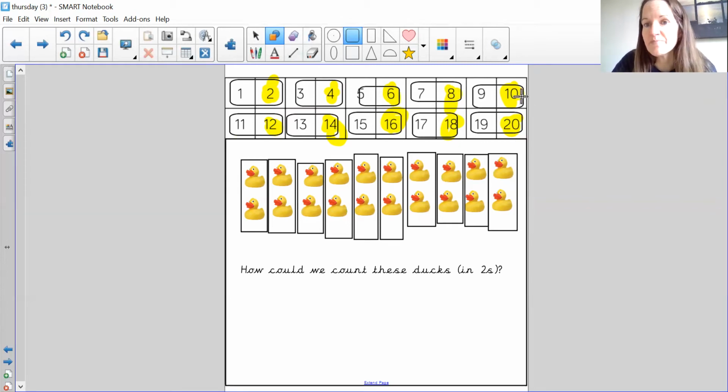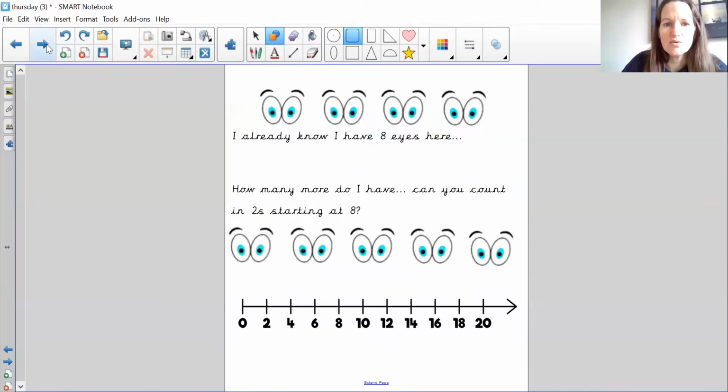And 20, and there's my 0. So it's a pattern. When you know 2, 4, 6, 8, 10, the next numbers in my pattern are 12, 14, 16, 18, 20.